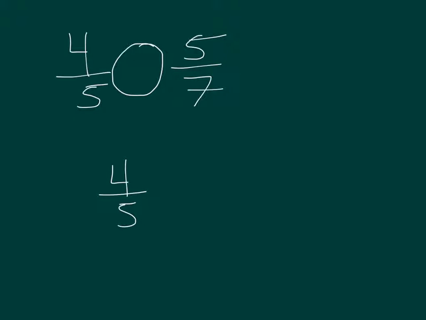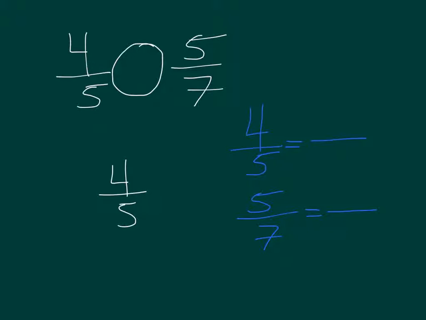So one way we can do this, or the way that we're going to be using most often, is to place these fractions on top of each other, 4/5 and 5/7. And we're going to change both fractions. Since we can't change one to the other, because there is no multiplier, we're going to change them both into two different fractions with the same denominator.